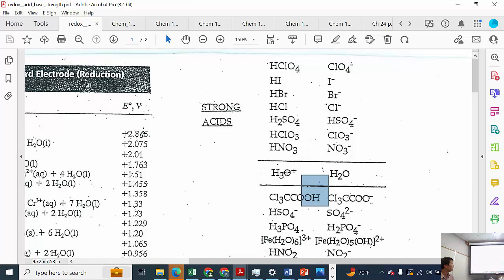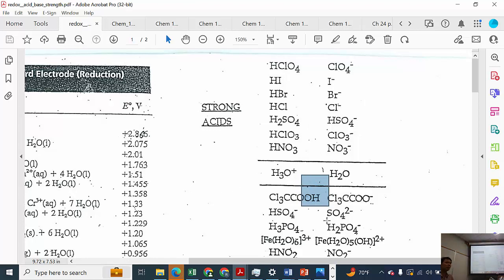Here, I'm going to take my hydronium, and this is going to be a backward Z. So hydronium reacts with trichloroacetate, sorry, that's not trichloroacetic acid, that's trichloroacetate. If I take my hydronium and react it with trichloroacetate, that's going to form trichloroacetic acid. Is this downhill? Yes, this would be downhill because we're starting here at H+ and going to trichloroacetic acid, which is weaker. So this would be favorable. And you can see that it just goes downhill from here.